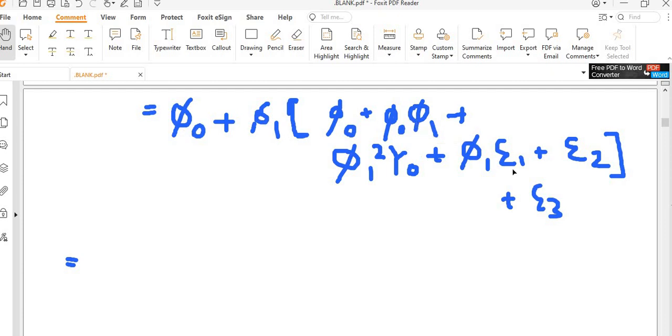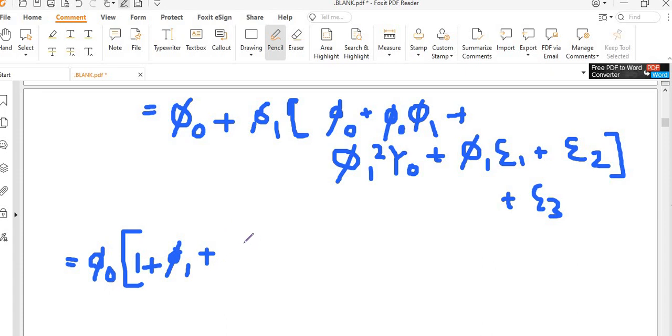So you have a phi naught component everywhere. We can take that phi naught common, and we can write 1 plus phi 1, because I've taken phi naught common. So this phi naught is here, this phi naught is here, and we have phi 1 remaining.